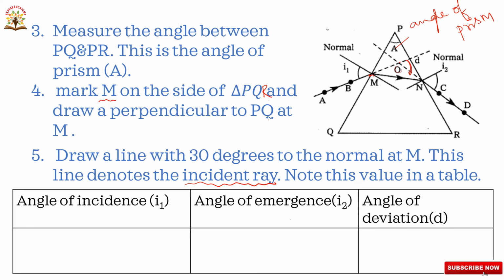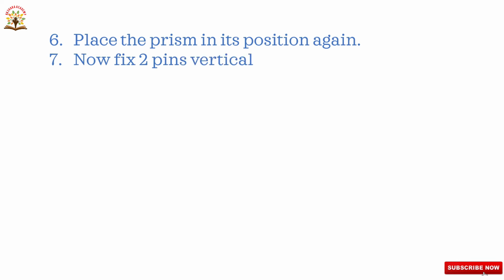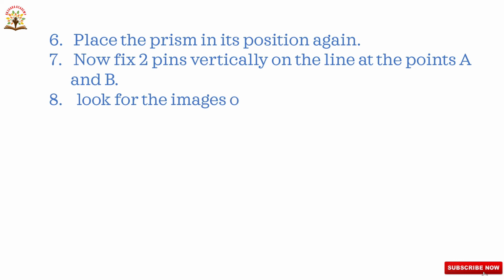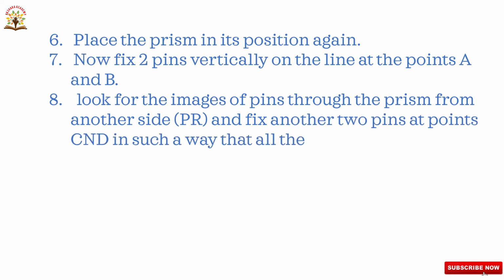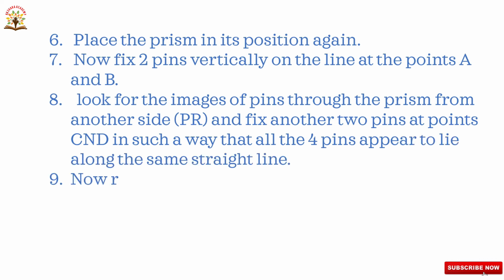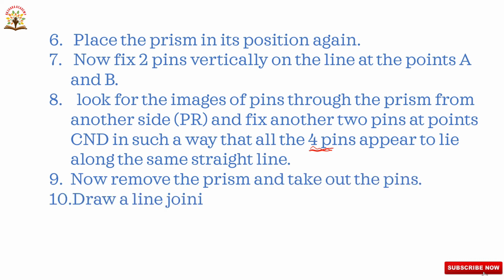Next. Now the sixth point. Place the prism in its position again. Now fix two pins vertically on the line at the points A and B. Look for the images of the pins through the prism from the other side PR and fix another two pins at points C and D in such a way that all 4 pins appear to lie along the same straight line.